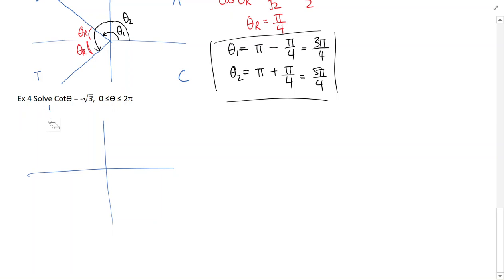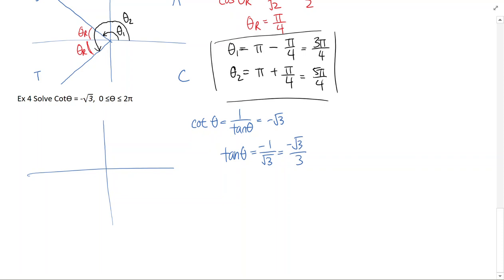Actually, maybe I'll just write it on the side here. So cotangent theta equals 1 over tan theta, and that was negative root 3. If we flip it around with the reciprocal, we know that we're looking at tan theta equals negative 1 over root 3. And if we rationalize that denominator, we're at negative root 3 over 3.